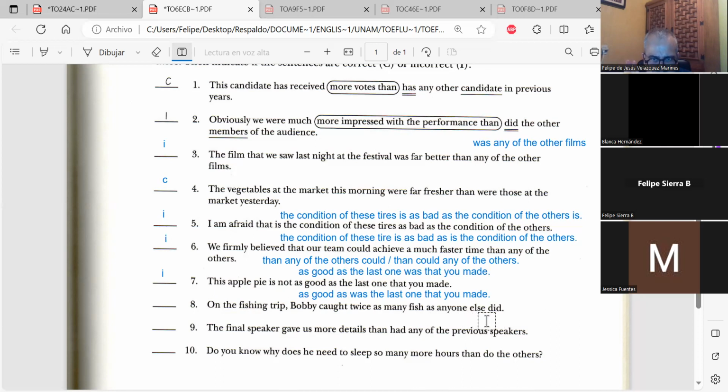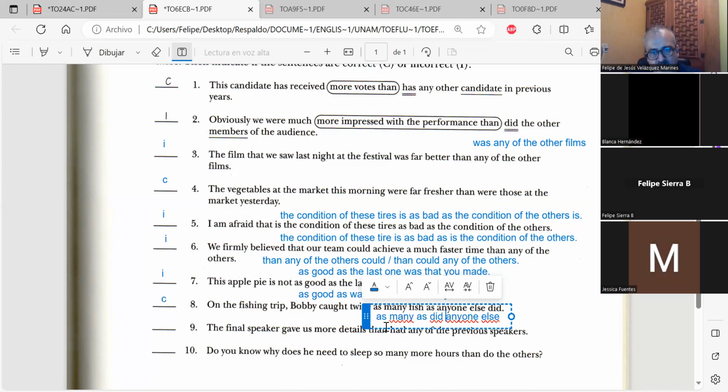Did. So it is correct, but you don't have subject-verb inversion. If you would like to use subject-verb inversion, you have to say as many fish as did anyone else.